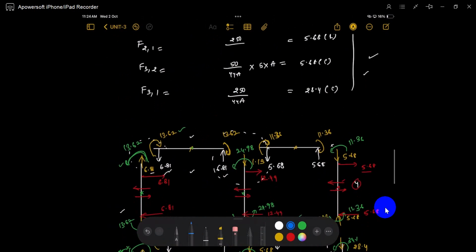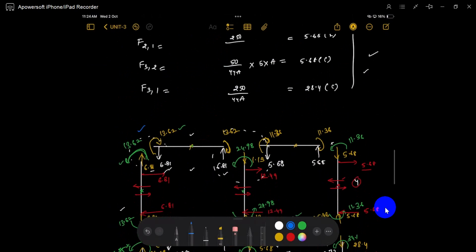So 25 must be present in this joint. Already what is the value? Already we have 6.81. So 25 must be there. So what is the remaining value? 18.2. Okay. So now I will add 18.2.